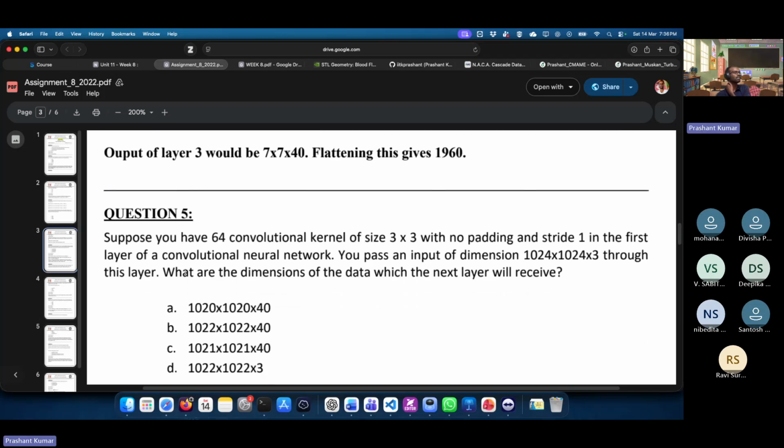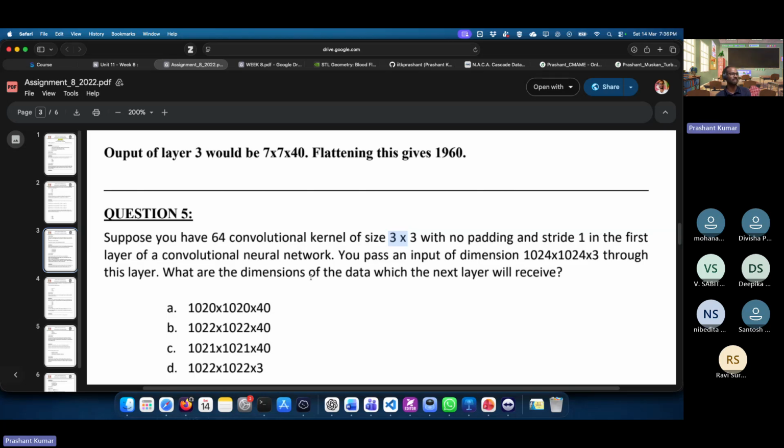The question is, suppose you have 64 convolutional kernels of size 3 by 3 with no padding and a stride of 1 in the first layer of a CNN. You pass an input through this convolution layer.